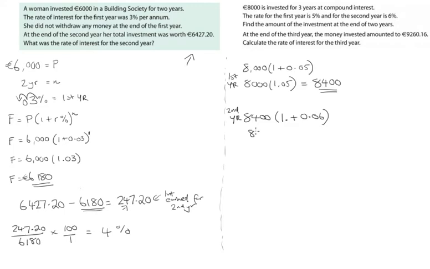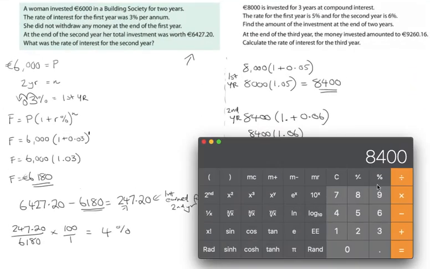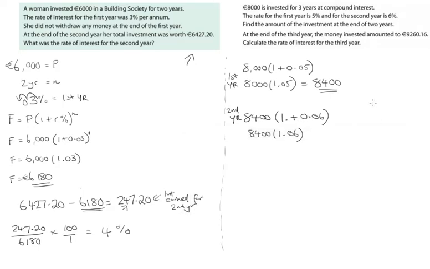So it's 8,400 multiplied by 1.06. And we'll use the calculator for this. We already have 8,400 here, so I'll just multiply it by 1.06, and that gives us 8,904. This is the amount of money at the end of the second year.